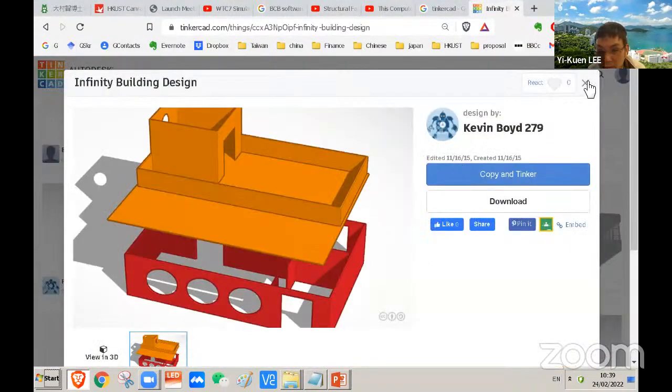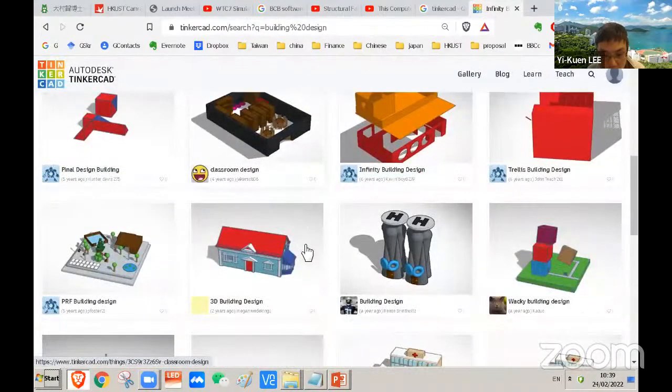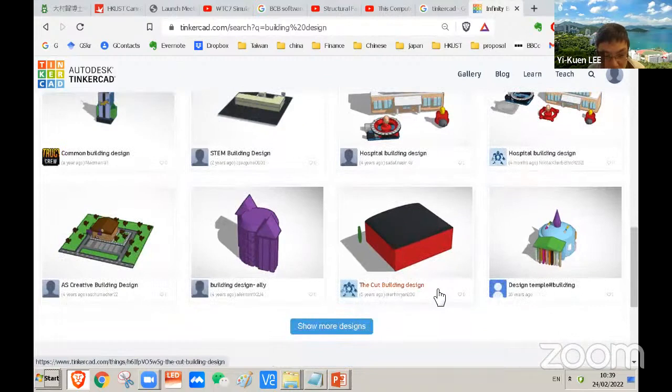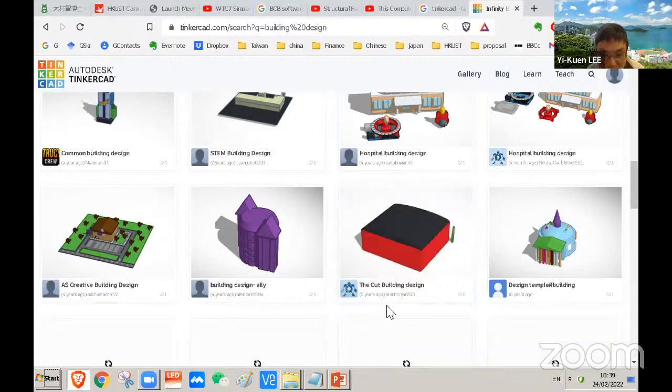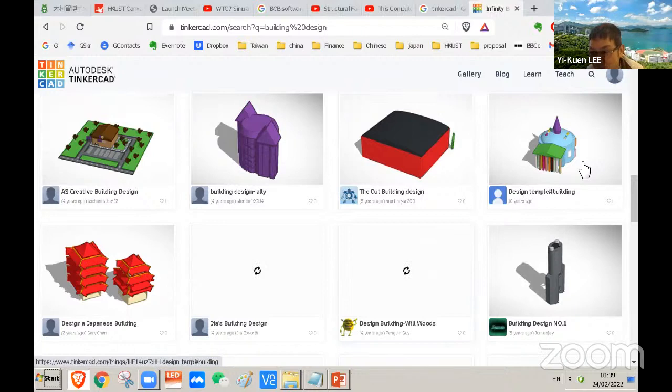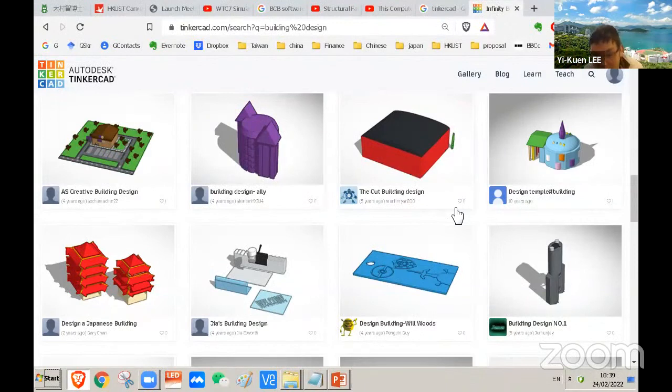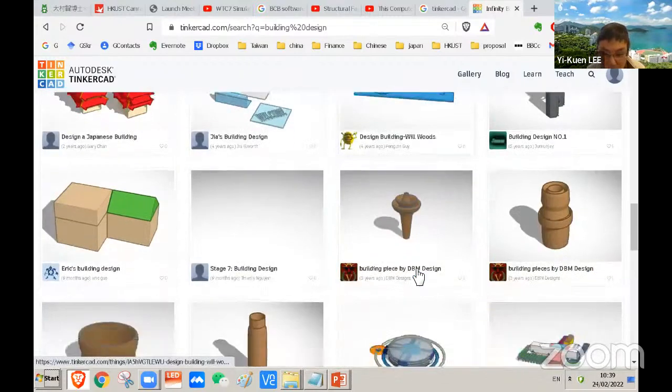You see, I just keyed in the keyword and immediately found that so many people have come up with building designs. I do encourage you to think about it. Although it's very difficult for our young people to buy a house, why not build a virtual building in this online free CAD program and think about this issue?